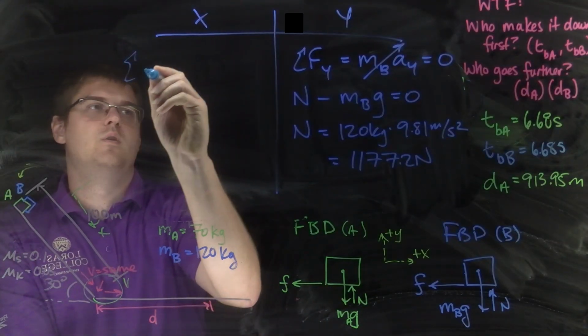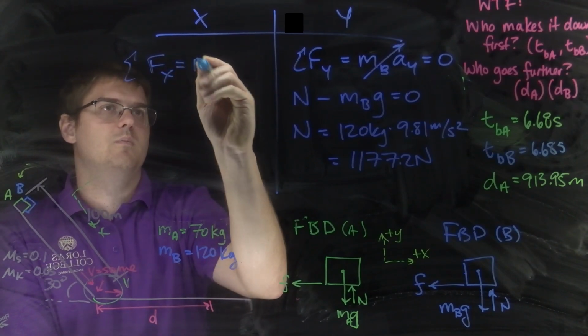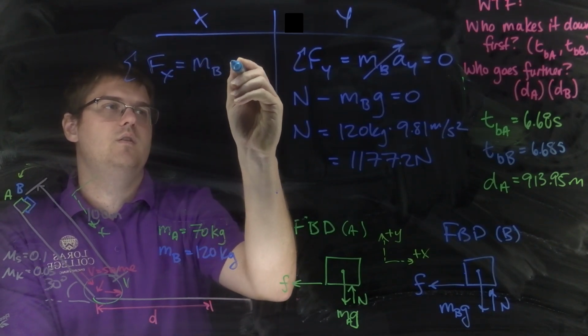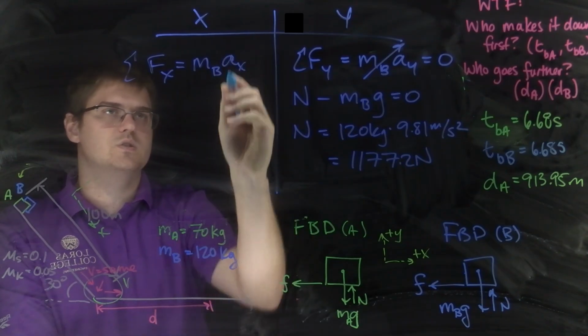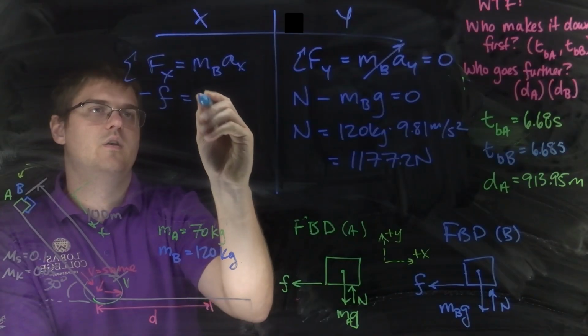I can then solve for everything in the X. Sum of my forces in the X are going to be equal to the mass of B times my acceleration in the X, which is not 0. Only thing going on here, once again, is my friction.